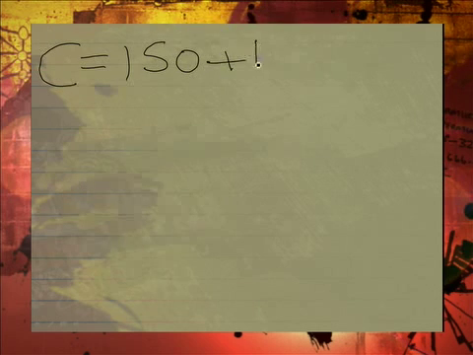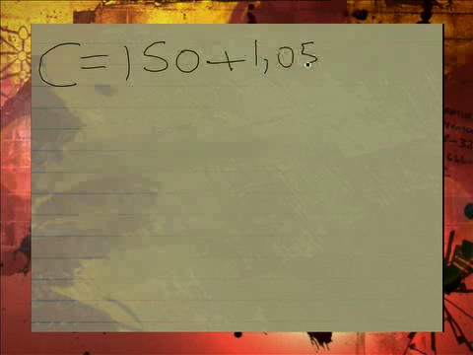Now, we need the cost for this guy who took the cell phone contract. We go C for cost equals, remember there is a fixed rate of 150 there. And then you're going to add, this formula is long, guys.